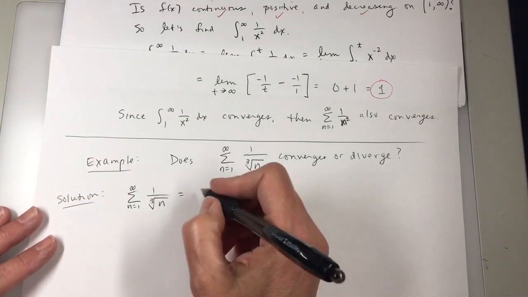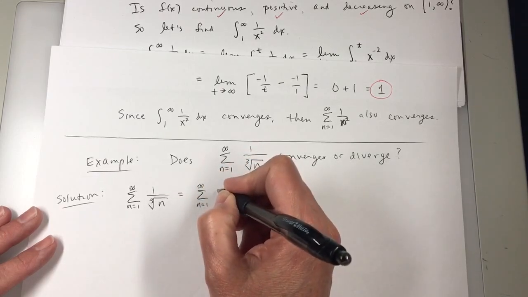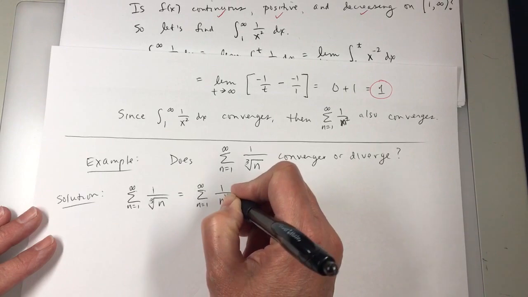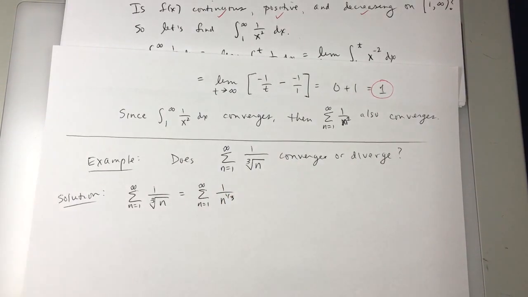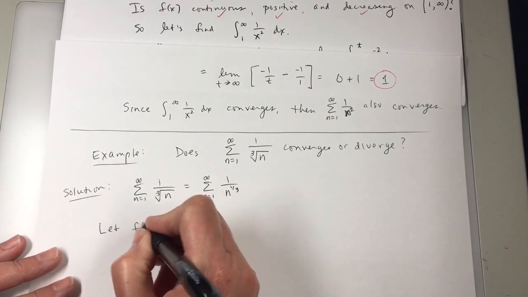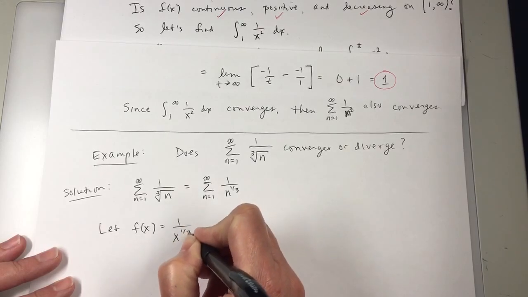What's it going to be? N to the 1/3. So the sum as n goes from 1 to infinity of 1 over n to the 1/3. I will model this with f of x equal 1 over x to the 1/3.